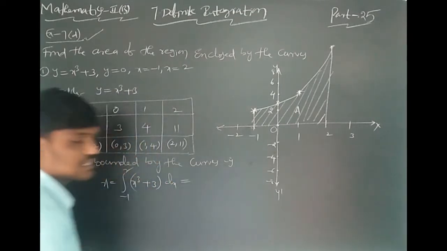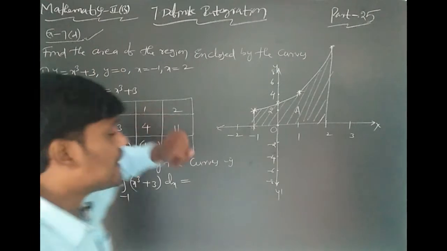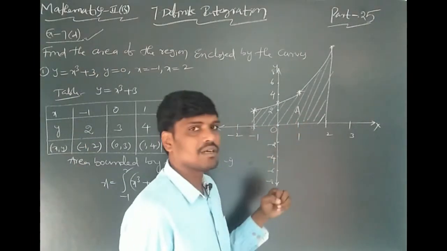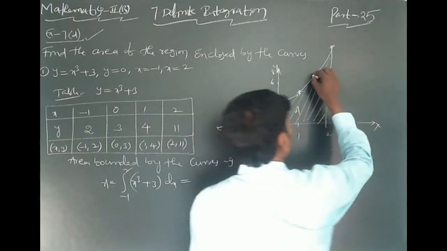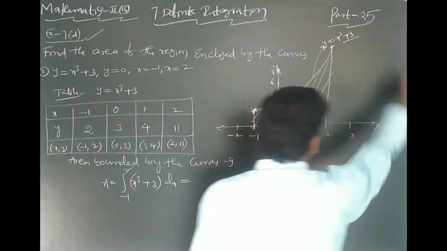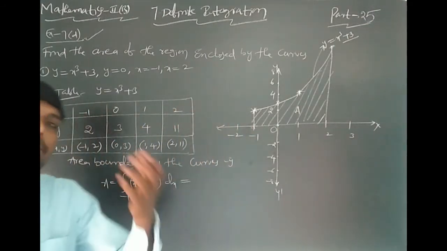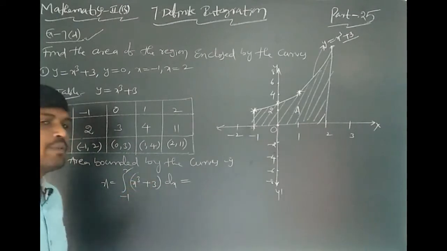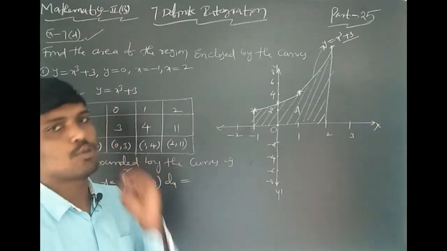What is y equal to 0 here? y is equal to 0 is nothing but the x-axis. This curve is above the x-axis, that's why you take x cube plus 3 minus 0, which is always x cube plus 3.